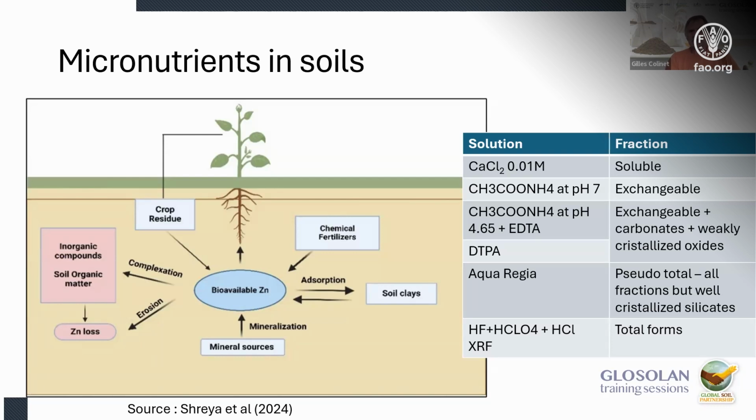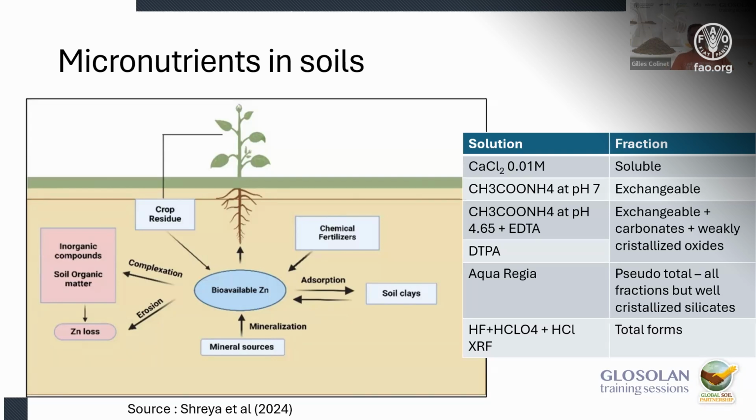Regarding what exists and is often used, you have the CaCl2 0.01 molar, which is referred to as the instantaneously soluble content of metals.